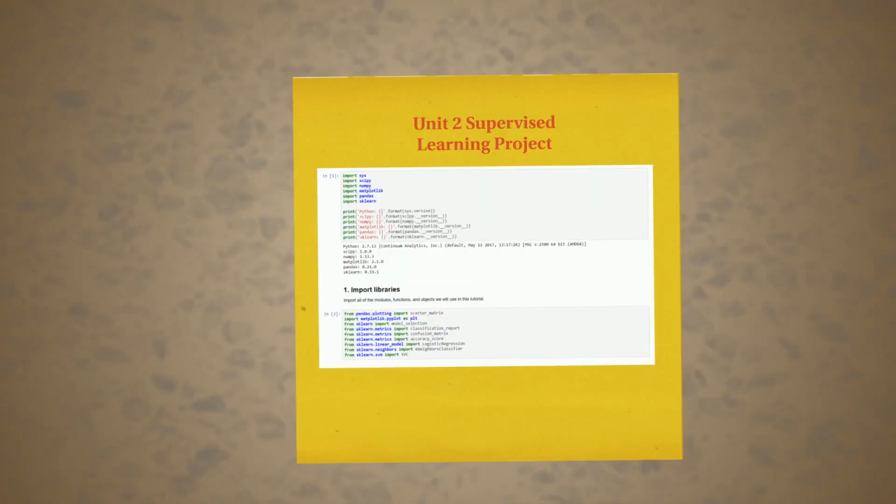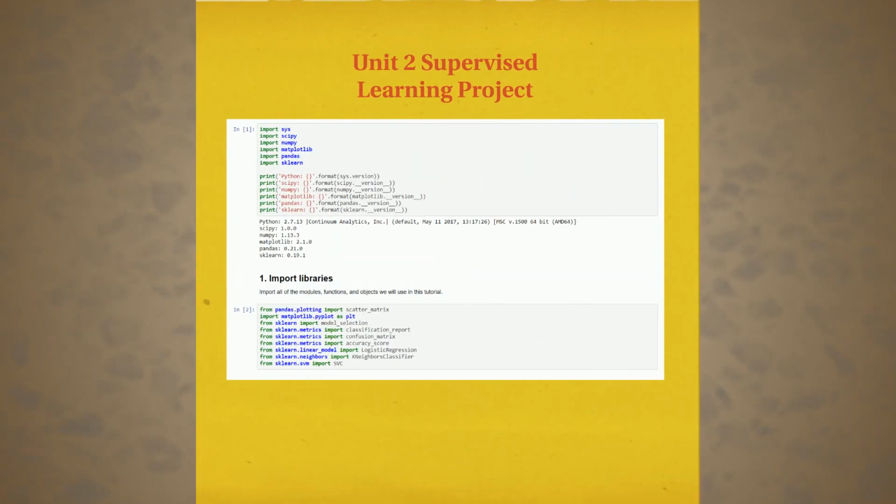If you remember our project in Unit 2, and I believe the Unit 3 project as well, we actually used the scikit-learn package when we were developing some of our machine learning algorithms in Python, based in IPython, which is the Jupyter Notebook application, of course. So we had multiple models.